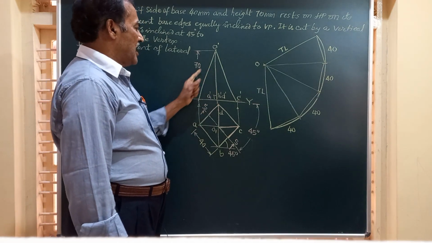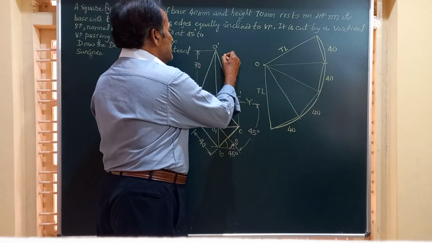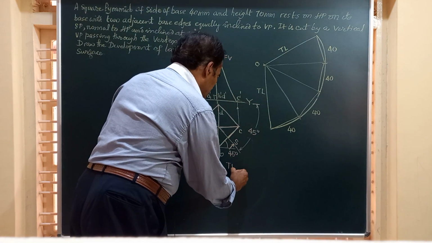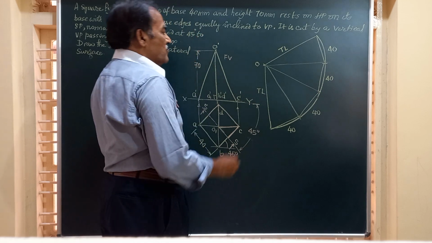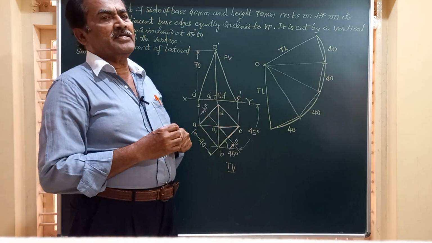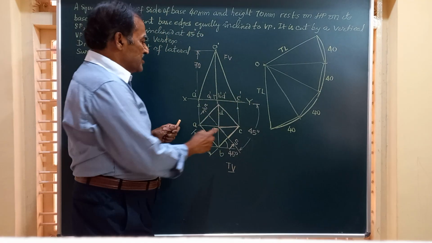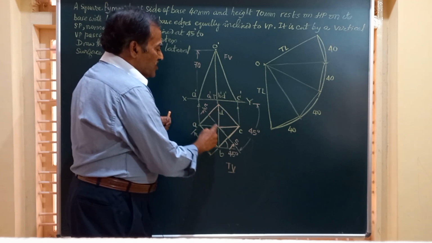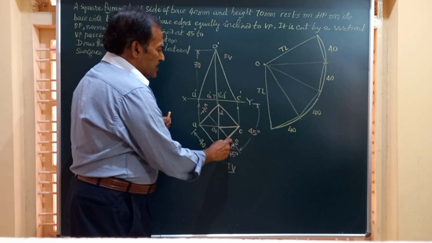So friends, I have drawn the front view of the solid. Top view also we have drawn, and next comes drawing the development of this portion, either this or this. Since I have shown like this, we will draw the development of this part.